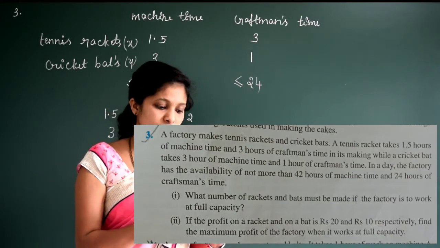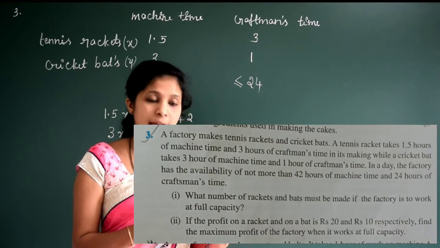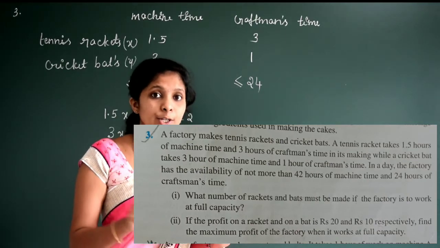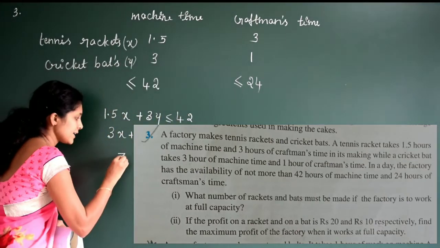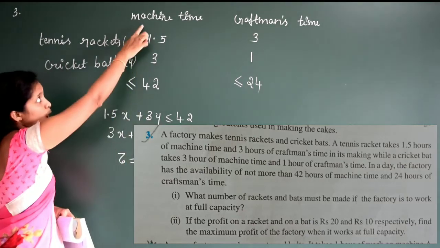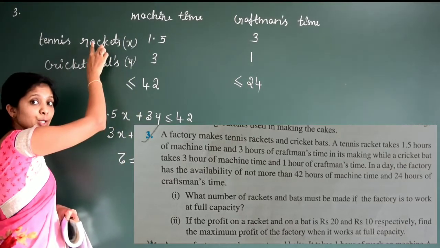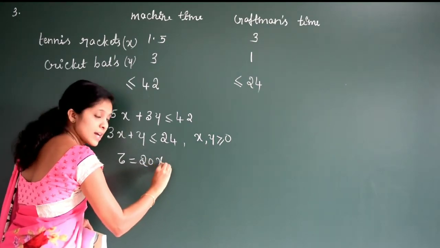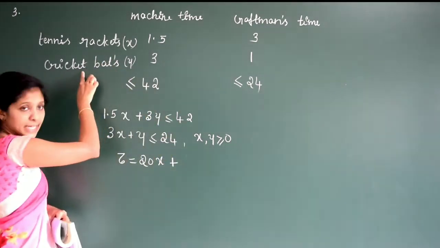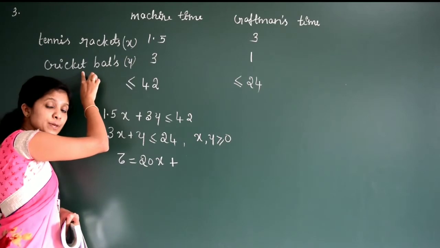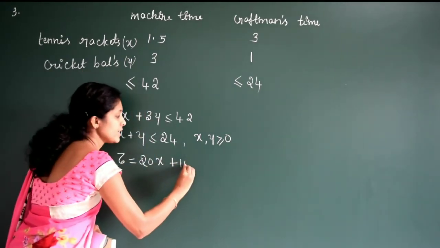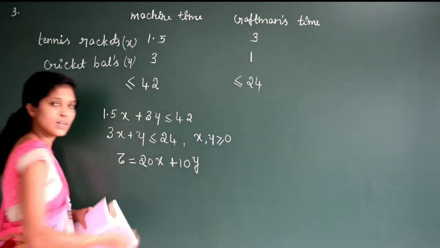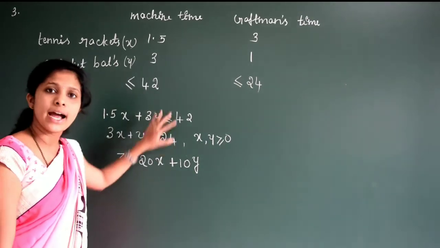So what will be Z? On a racket they will get 20 rupees profit, so this will be 20x, plus on cricket bats they will get 10 rupees profit, so this will be 10y. Is it clear? So now we have the objective function and we have the constraints.